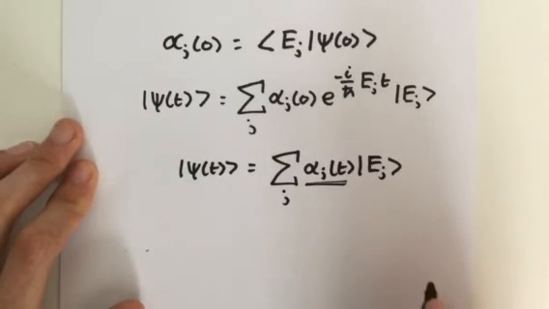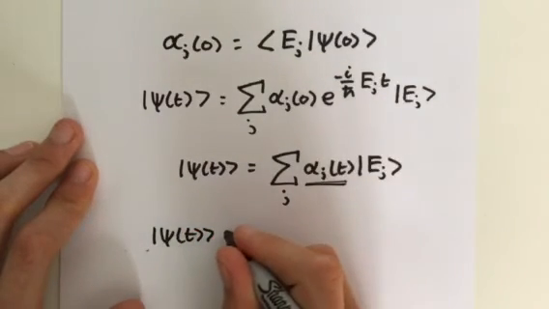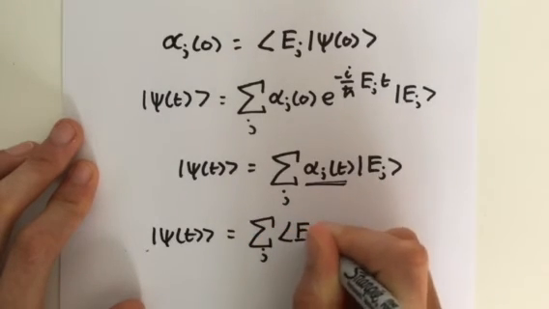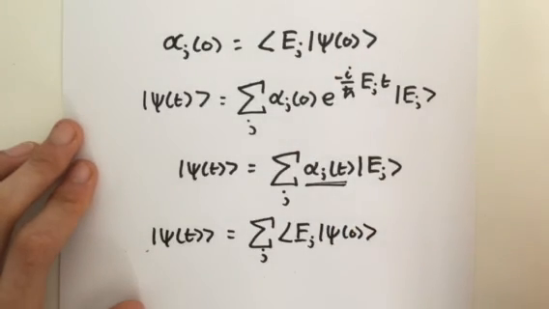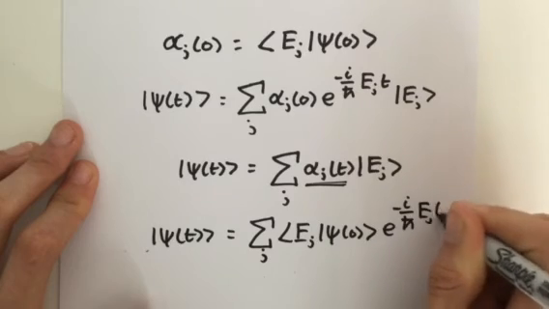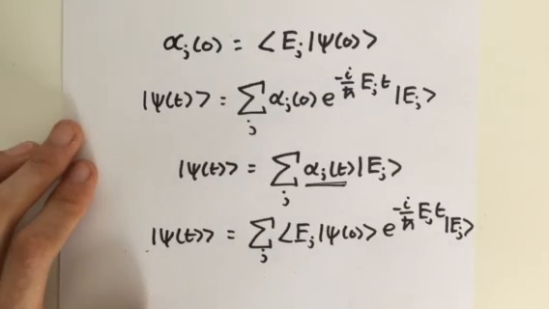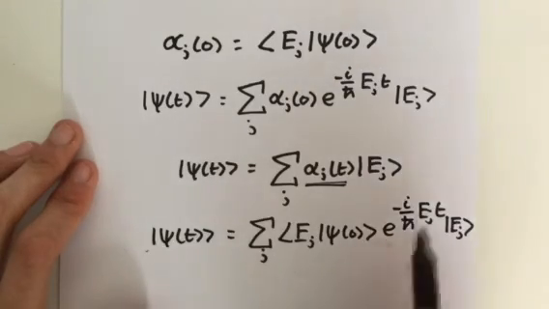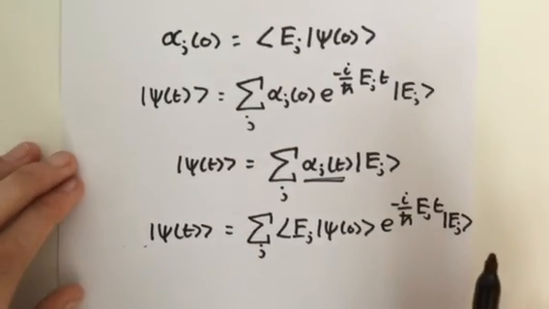So overall, our state vector that depends on time is going to equal the sum over j of E_j psi(0), times e to the minus i over h bar E_j t, and of course we multiply that by E_j. So for alpha_j(0) in this equation, we just put E_j psi(0) as we had here. Just take a moment to let that sink in.